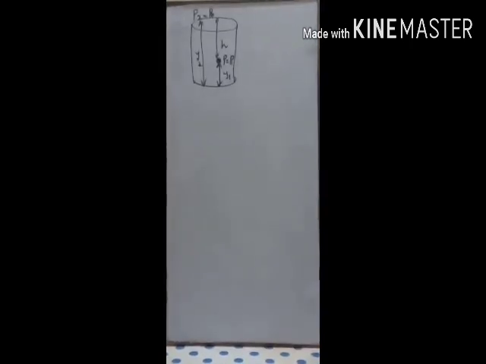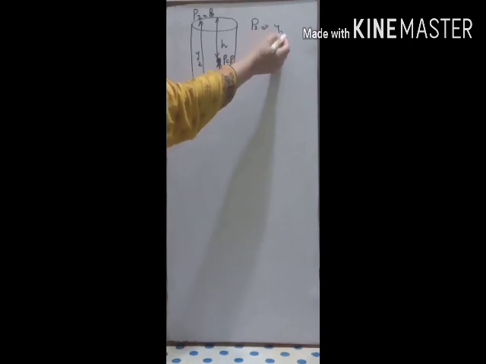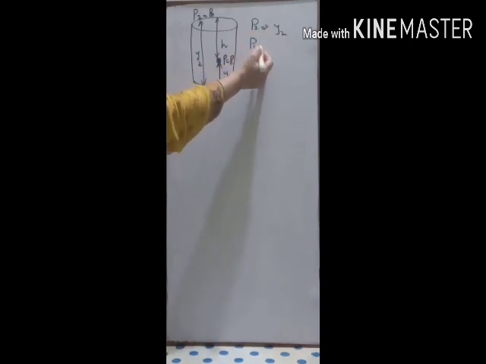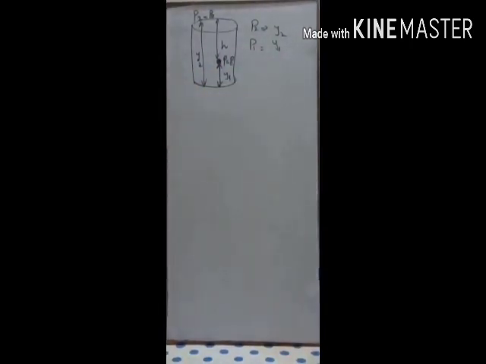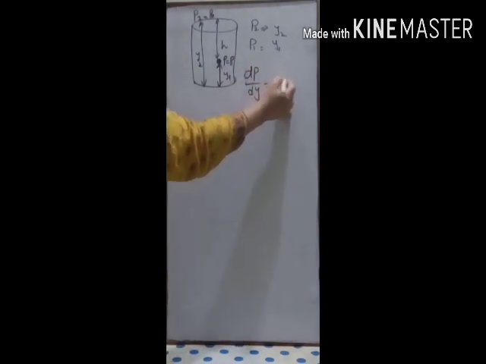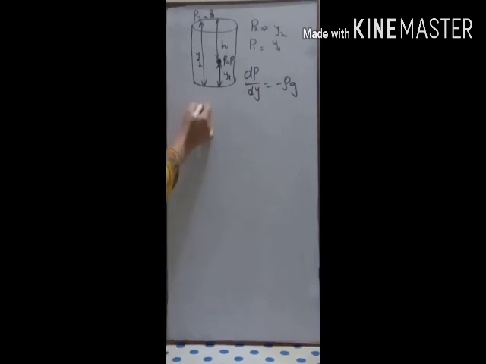Now we will take the elevation points. If P2 is the elevation point at Y2 and P1 is the elevation point at Y1, then integrating with both limits, from the previous equation, dP over dy is equal to minus rho G. Then dP is equal to minus rho G dy.